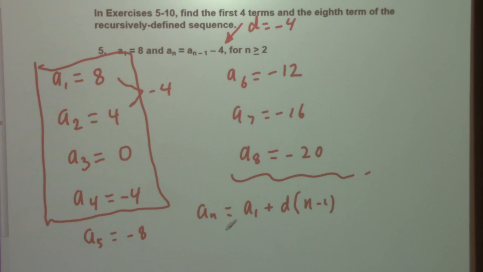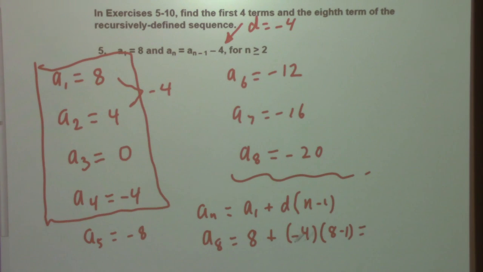In this case, a sub 8 is equal to a sub 1, which we're already given as 8, plus our common difference, which is negative 4, times n minus 1, which is 8 minus 1.